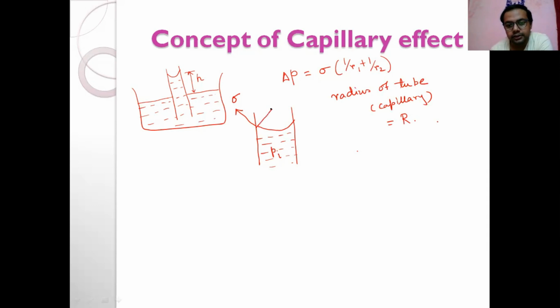And in this portion the radius of the curvature is smaller. So it is smaller, hence you see this thing. This is a capital R.